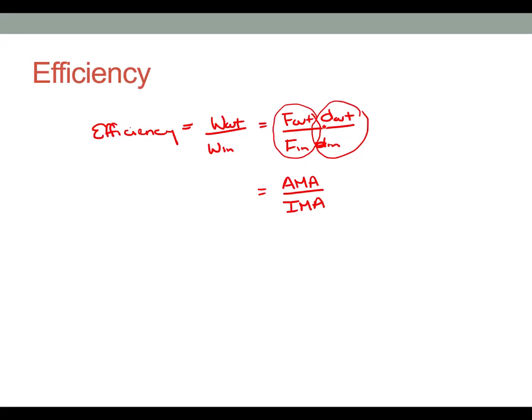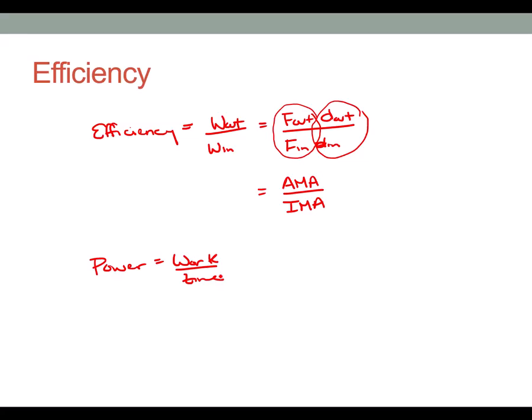You can also think about efficiency in terms of power. So power, remember, is work divided by time. Well, the time that is needed to put the energy in or do the input work and the time that the output's going to happen are going to be the same.